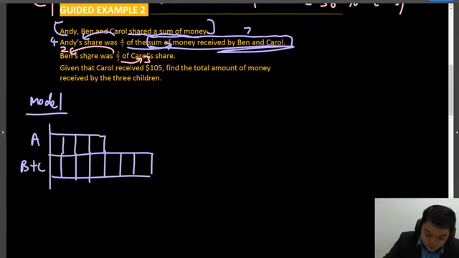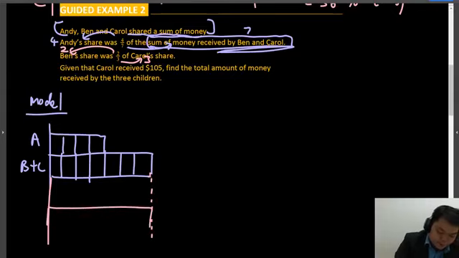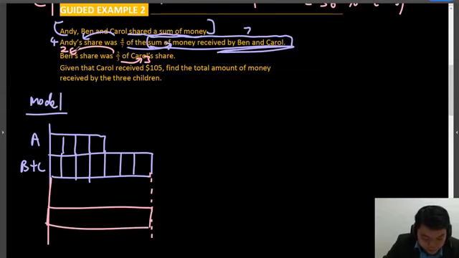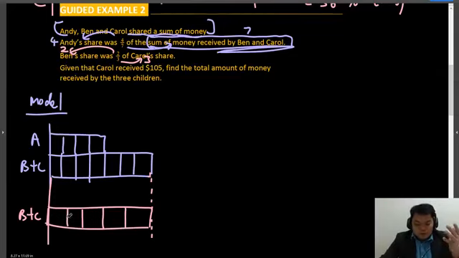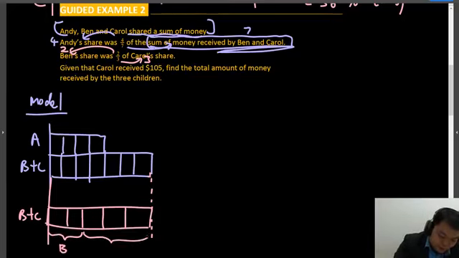Now if we look carefully at this, between Ben and Carol, if we combine them up over here, we see that Ben has got 2 blocks and Carol has got 3 blocks. This would mean that their total would have 5 of these pink blocks over here. Correct? And 2 of them will go to Ben, 3 of them will go to Carol.